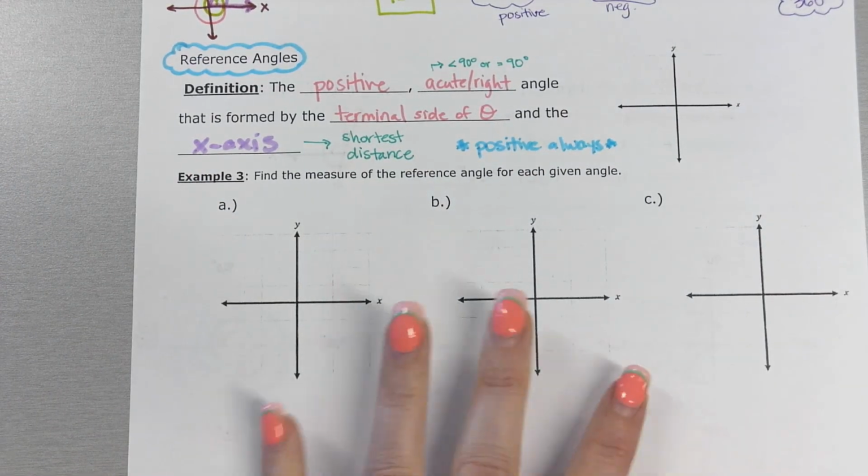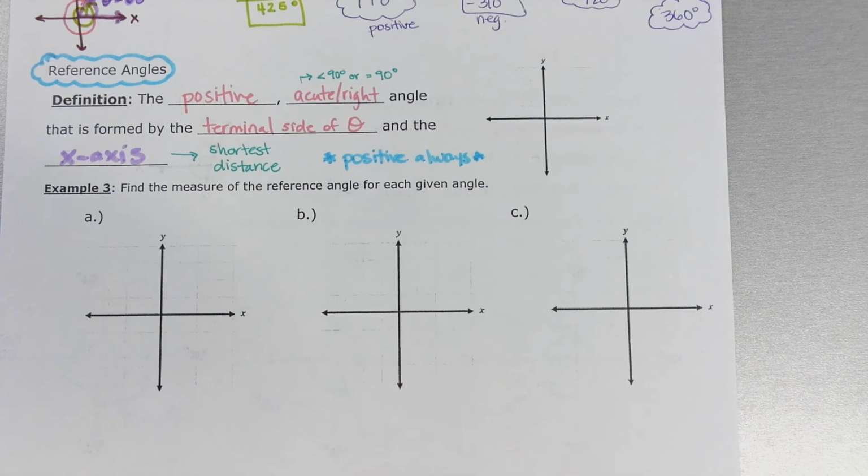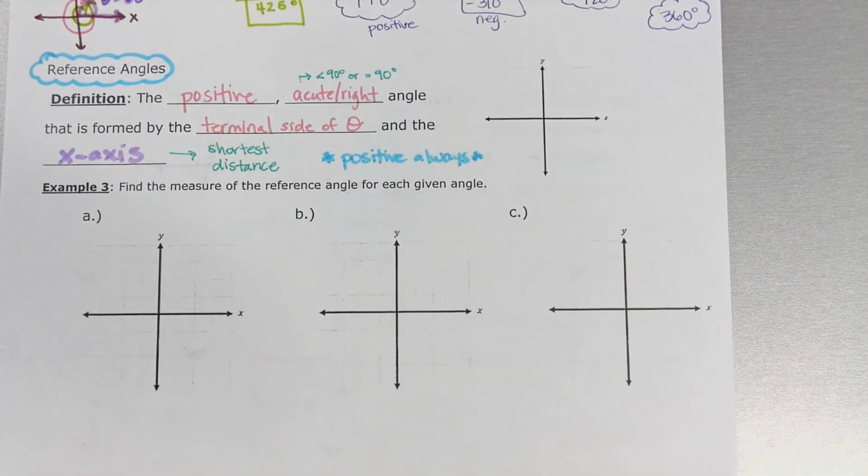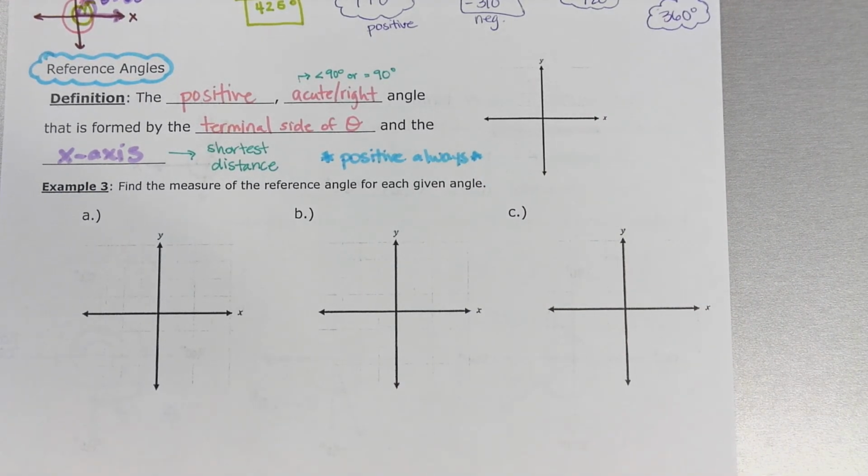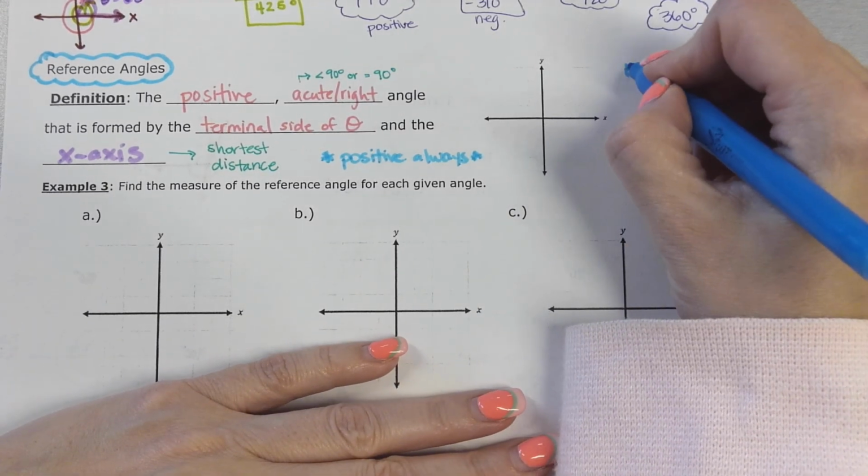Okay, it is never not going to be positive. And then we're going to do an example together right here, and then I'm going to let you give it a go.